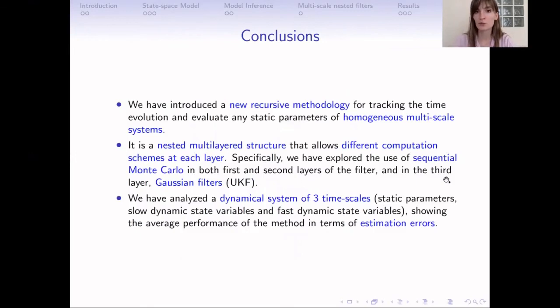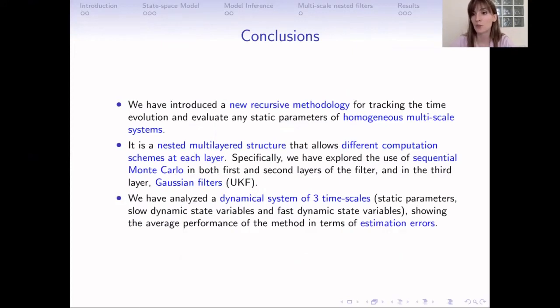And finally, to conclude, we have introduced a new recursive methodology for tracking the time evolution of multi-scale systems. It's a nested multi-layered structure that allows different computation schemes at each layer.